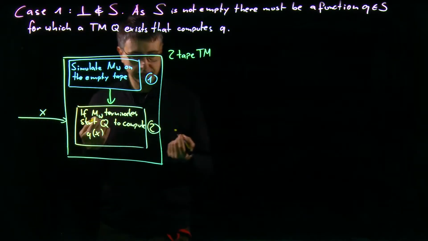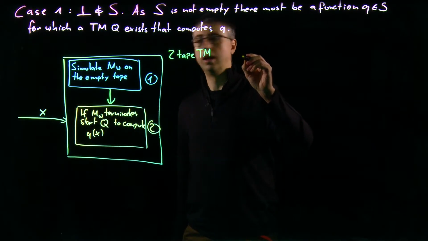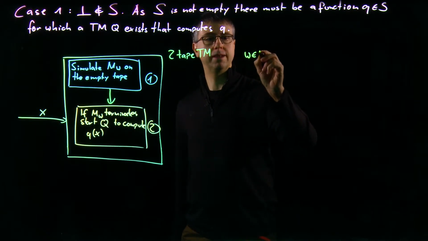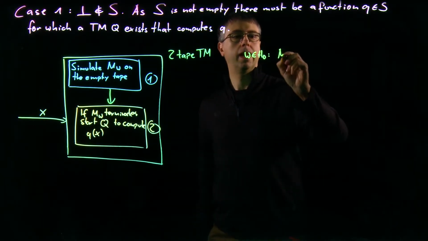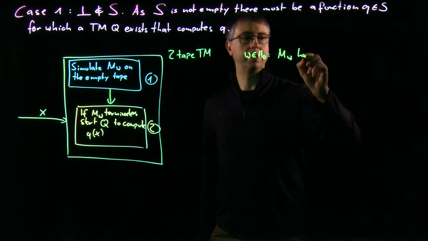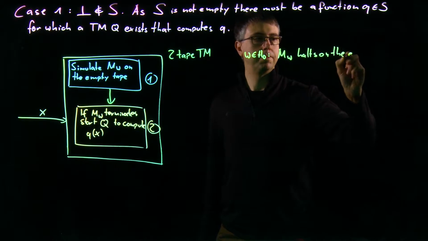Let's go through the cases together. The first case is what happens if W is in H_0. This means that M_W halts on the empty tape.